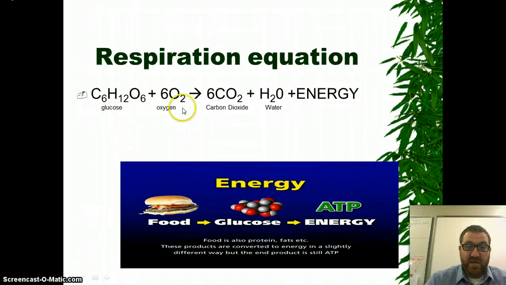We've got glucose and oxygen coming together to create carbon dioxide, water, which we'll use for other cellular processes, as well as energy, which comes in a fancy form known as ATP, or adenosine triphosphate. All right, you'll find out more about that when you get into high school biology next year.